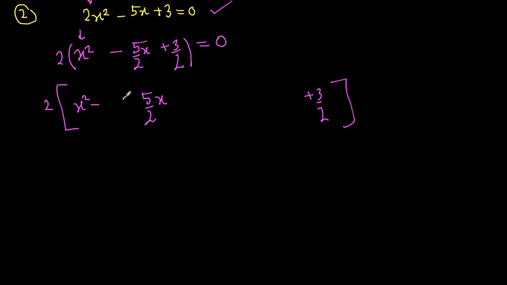So I will multiply this by 2 and I will divide the middle one by 2. Okay, now we'll focus on this. What is this? This is actually 5 over 4. So I have to take the square of this and I will add it here, 5 over 4 square, and I will subtract it also.